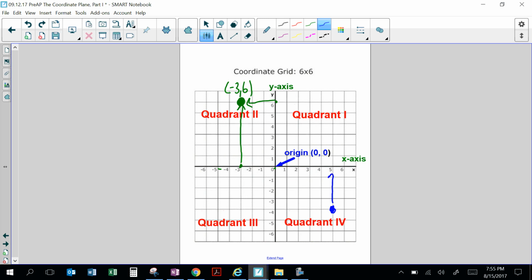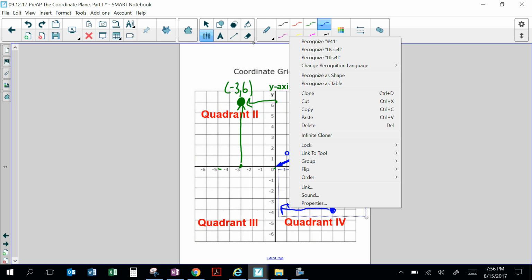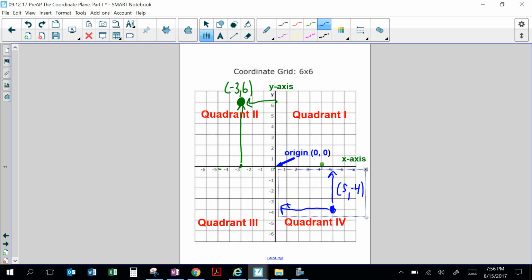Let's see, this is x, this is y. The x-axis is 5, while the y-axis is -4. So (5, -4). Let me erase this. One second. Then keeping that (5, -4).